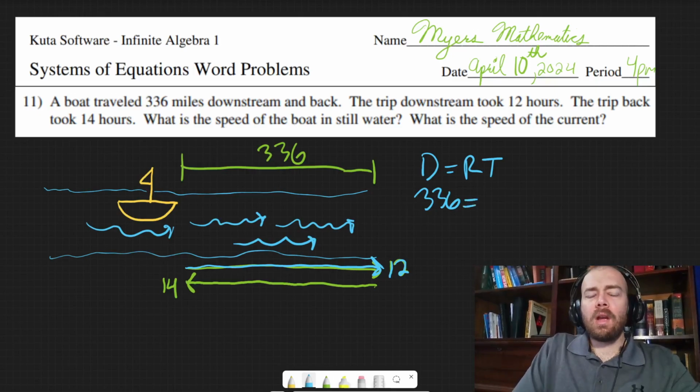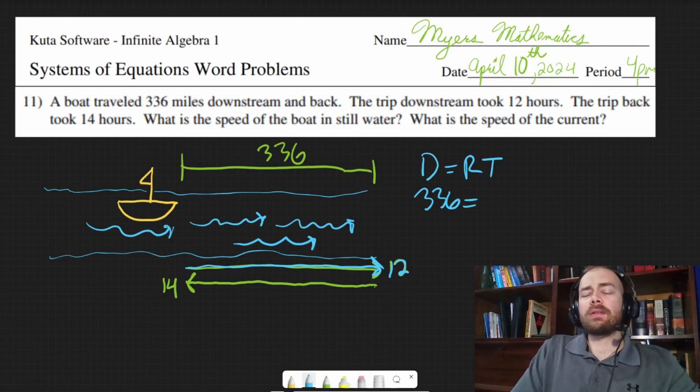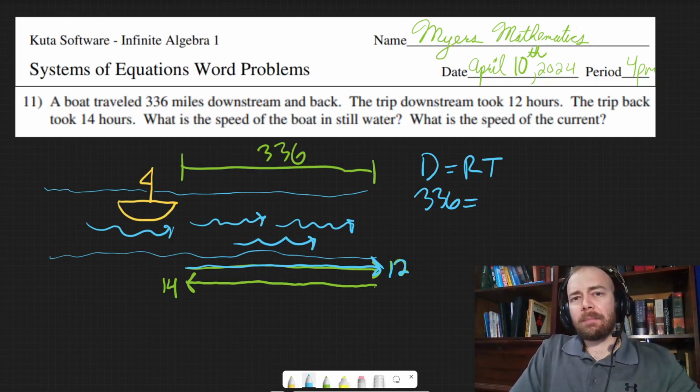The rate is made up of two components. We've got the boat, which is traveling. It's got an engine, or the sail. I drew a little sailboat. It will probably make more sense to say it has an engine, because wind might affect it differently coming back the other way.